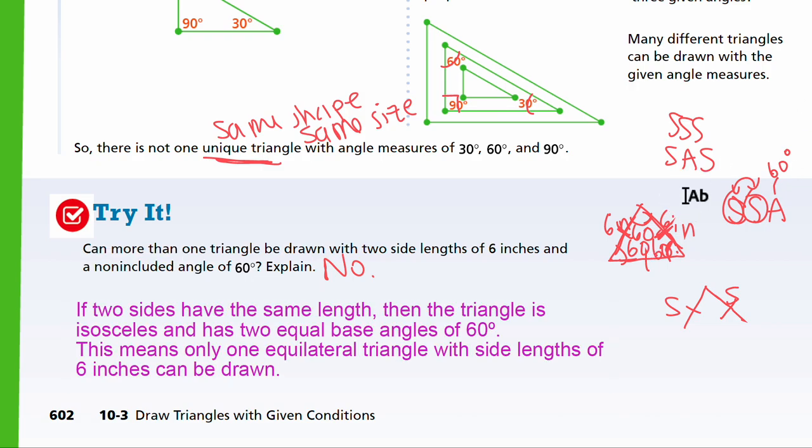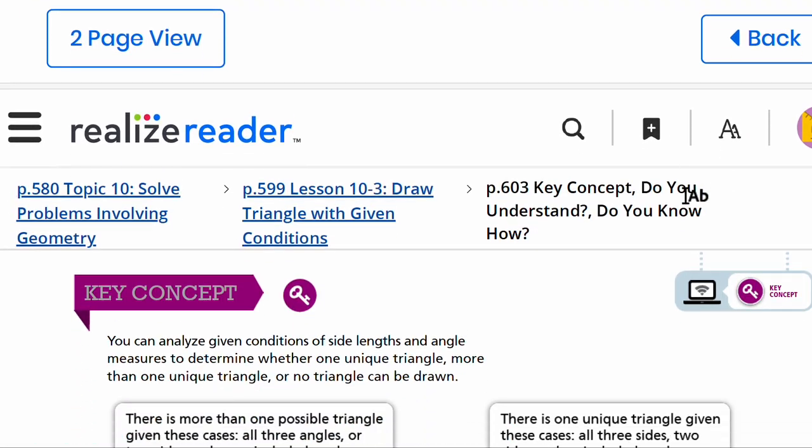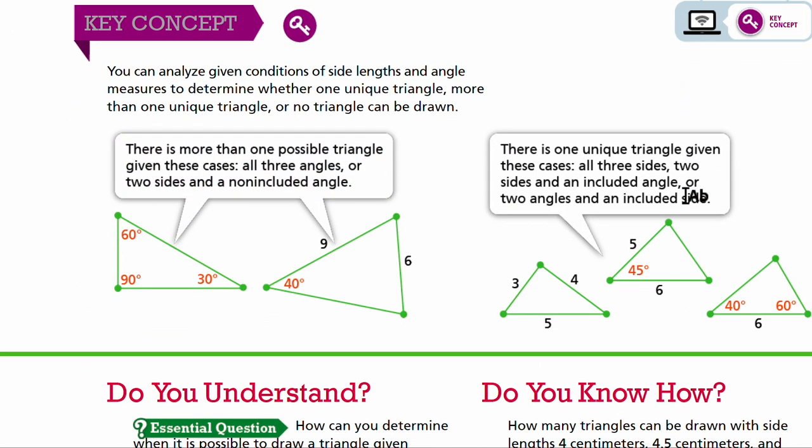Okay, so that is all about triangles. Let's look at key concepts to summarize our lesson. You can analyze given conditions of side lengths and angle measures to determine whether one unique triangle, more than one triangle, or no triangle can be drawn.